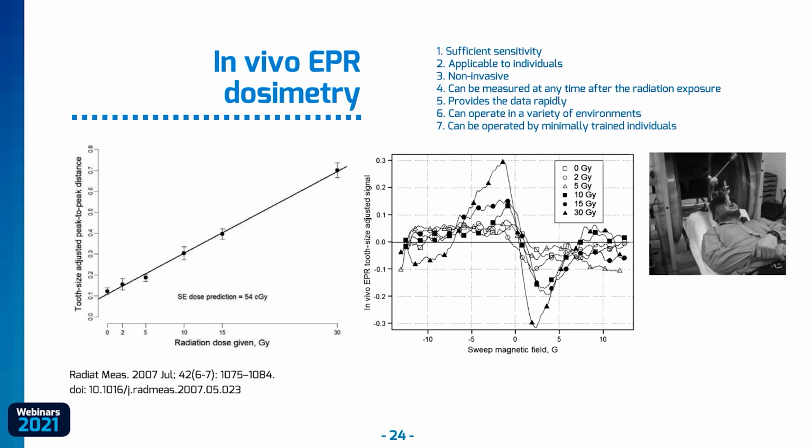In its current state, the in vivo EPR dosimeter can provide an estimate of the absorbed dose with an error of approximately plus or minus 50 centigray over the range of interest for the acute biological effects of radiation, assuming repeated measurement of the tooth in the mouth of the subject.